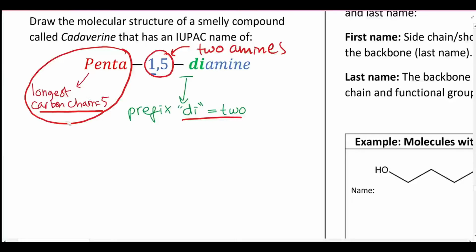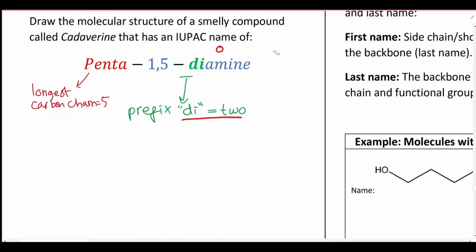So let's try to translate this whole thing into an actual structure. Because again, the purpose is for you to be able to convert the name into a structure. So this is the name. Penta, the longest carbon chain is 5. So I'm going to draw 1, 2, 3, 4, 5, and label it 1, 2, 3, 4, 5.